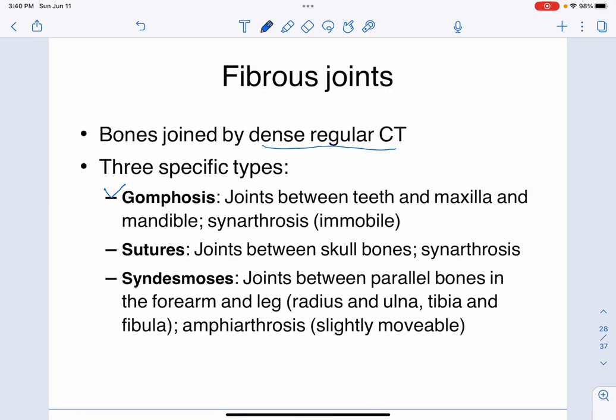Gomphosis joints are between the teeth and the maxilla and the mandible. This is our upper and lower jawbone. So the joint between the teeth and the upper jaw and the lower jaw. These are examples of gomphosis joints, and these are synarthrotic. They are completely immovable.